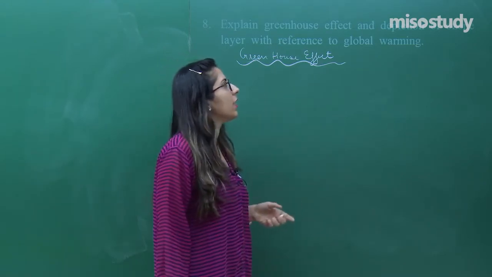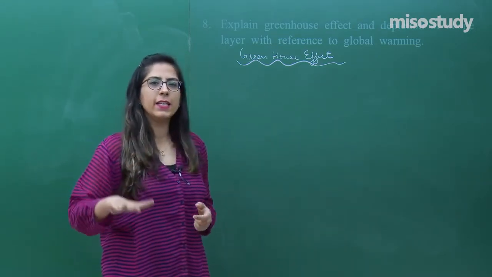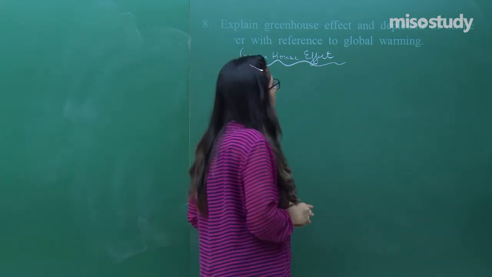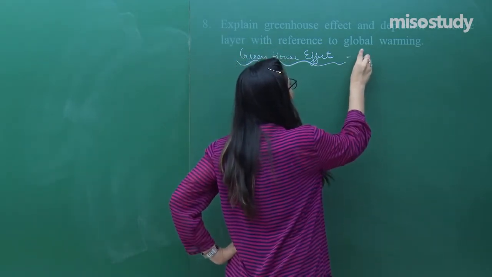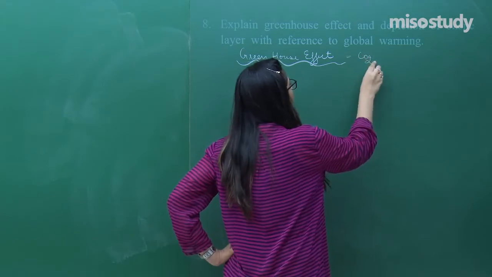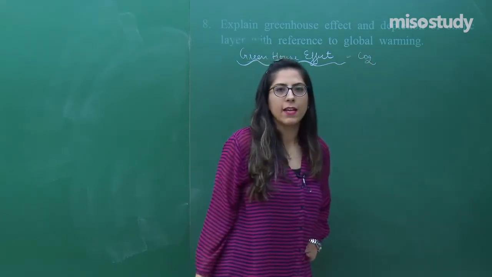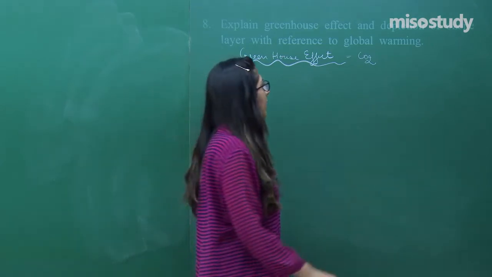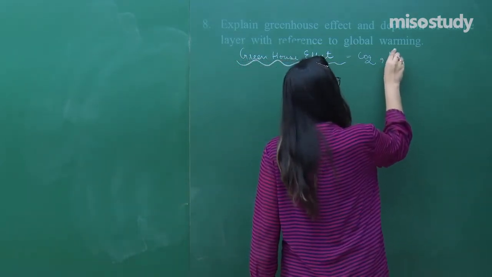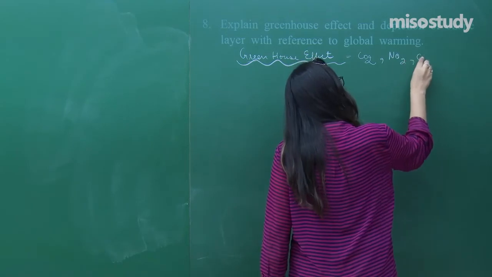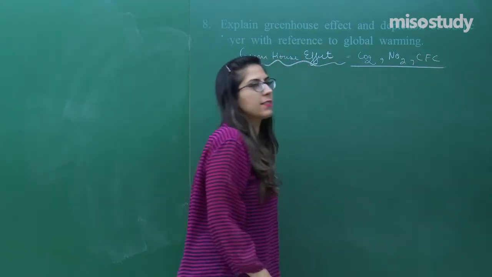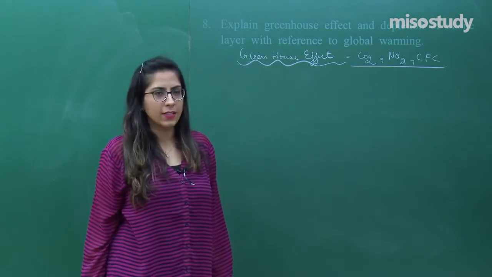So because of the greenhouse effect, there is an increase in the overall temperature. So what is the greenhouse effect? Gases like carbon dioxide, CFC and nitrogen oxides act as greenhouse gases.